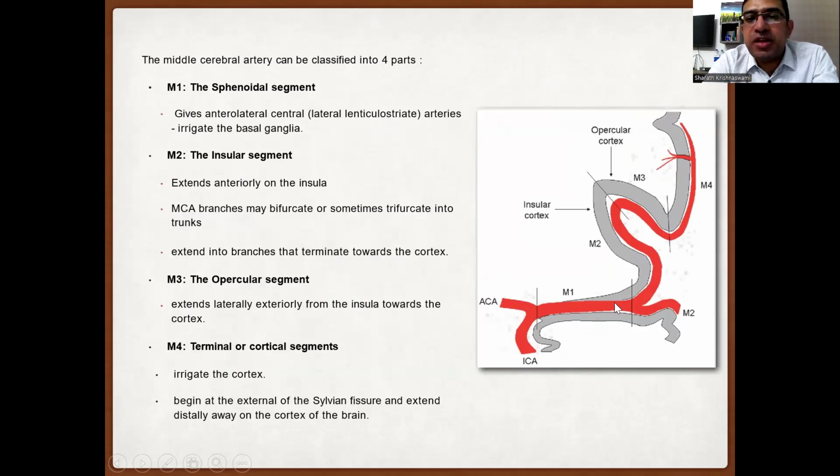And M2 is when the middle cerebral artery goes inward into the insular cortex, and hence it is known as the insular segment. Now, M3 is when it goes along the operculum. The operculum is basically a lid, which is a fold in the temporal lobe, and the middle cerebral artery supplies this region known as M3. And M4 is the terminal or the cortical segment which irrigates the cortex.